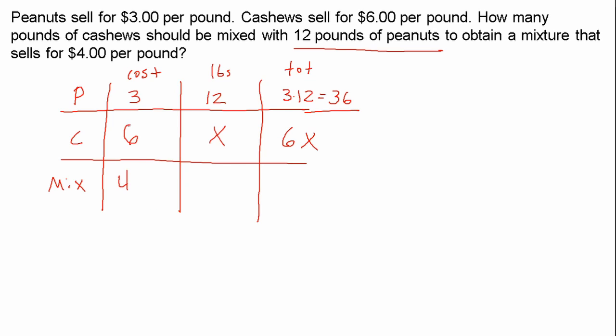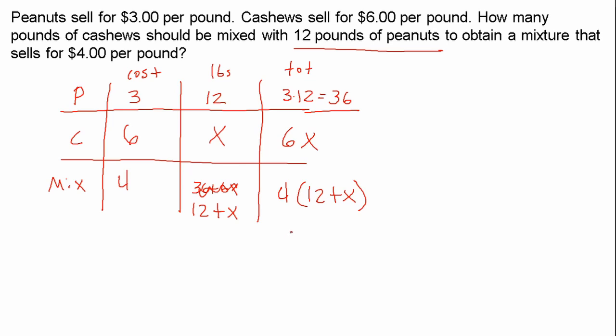The number of pounds is going to be the 12 pounds of peanuts plus the unknown amount of pounds of cashews. And then finally, the total is going to be 4 times 12 plus x.